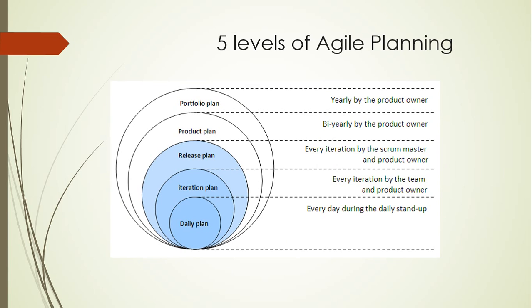Agile planning is performed at different levels of the organization, from day-to-day level planning to portfolio level planning. Portfolio level plans define the product vision, what the organization wants to achieve in the next 3 to 5 years down the line. And product planning is actually mapping of the company vision or the organization vision to the product development.